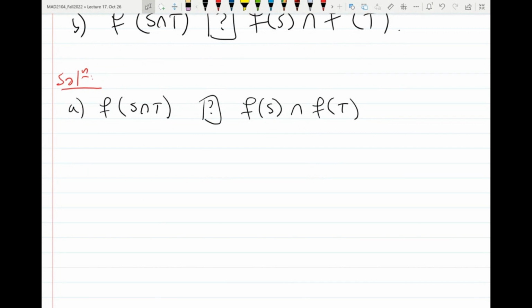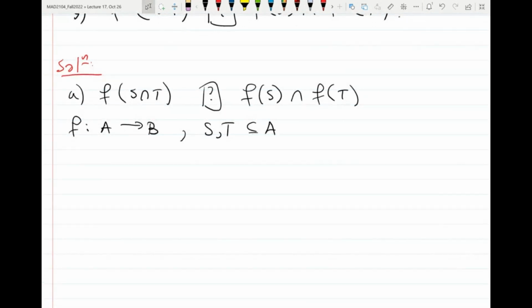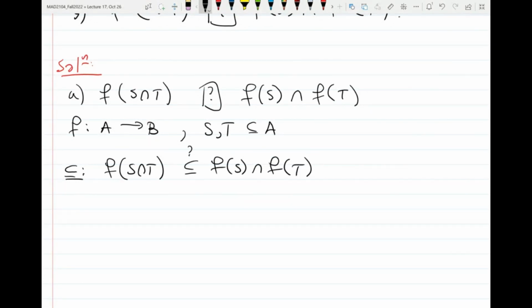In this setup, because we're talking about image, remember f is a function from A to B, and S and T are both subsets of A. We're looking at their images inside B. The image is a subset of B. Let us try to see if we can show that the image of the intersection is a subset of the intersection of the images.